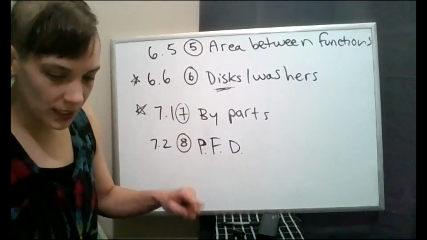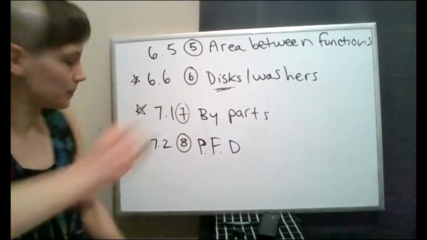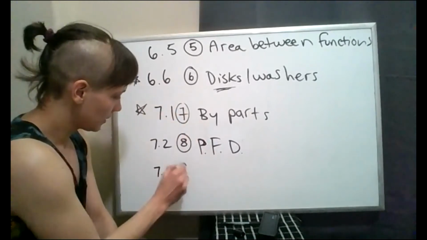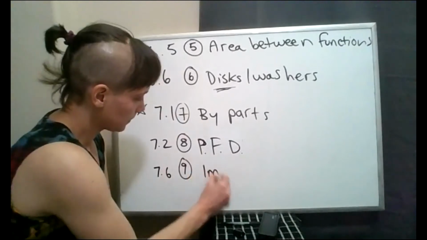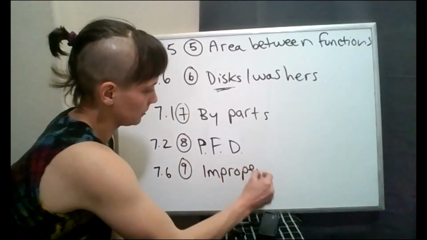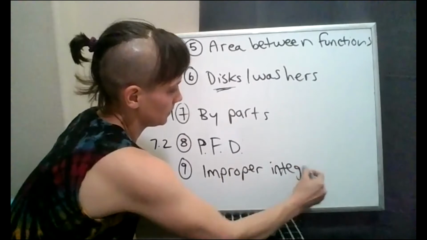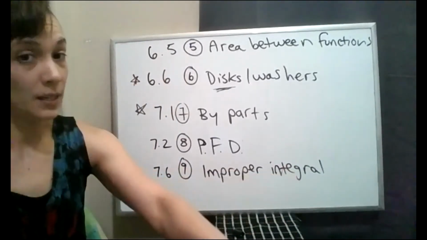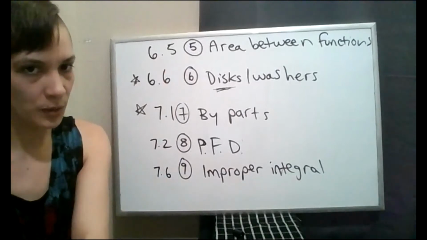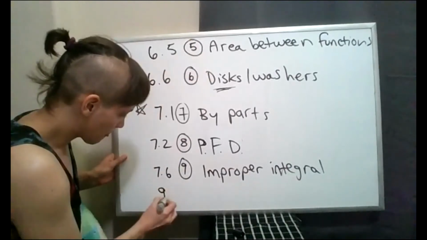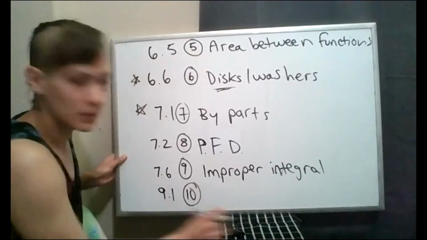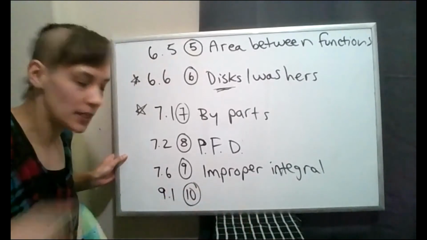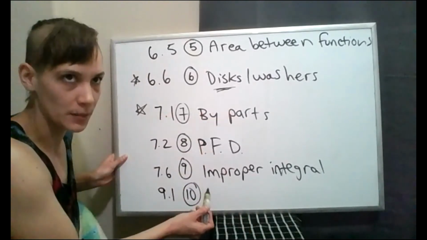Then we're going to 7.6 and doing an improper integral. In 9.1, we're just going to find the distance between 2 points. So this will be number 10 on your test, distance between 2 points in 3 space.